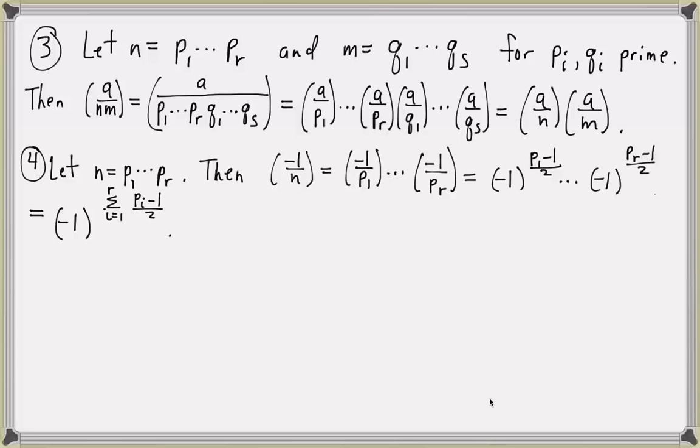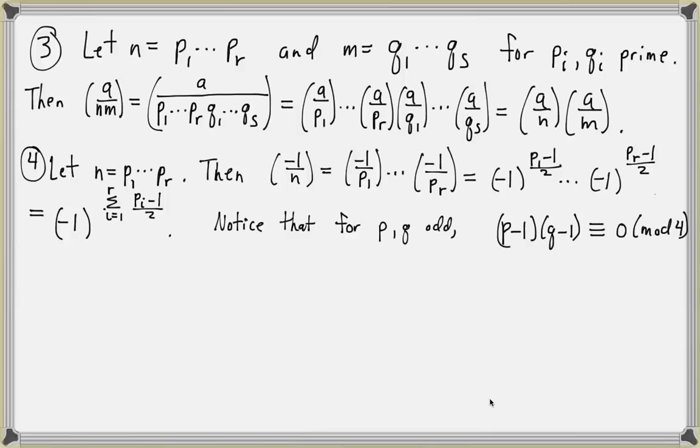Now I'm going to use a fact about odd integers. So notice that if I have two odd integers, p and q, then p minus 1 is even and q minus 1 is even. Therefore, (p minus 1) times (q minus 1) will be congruent to 0 mod 4, because p minus 1 is even and q minus 1 is even.